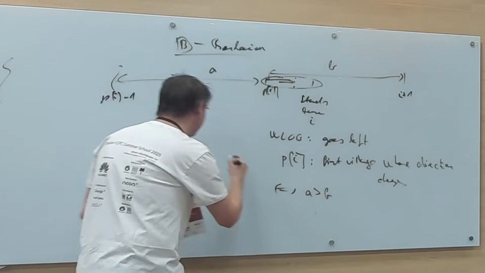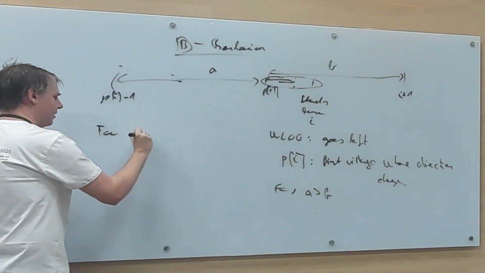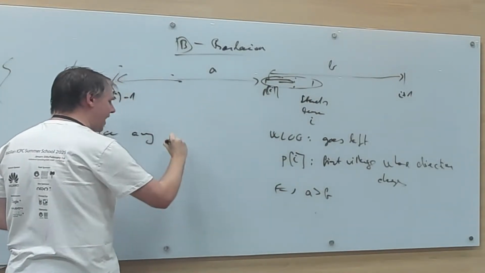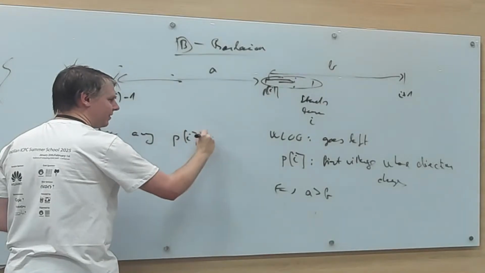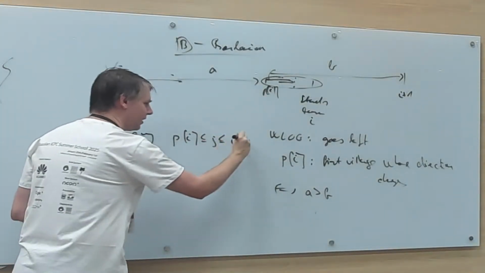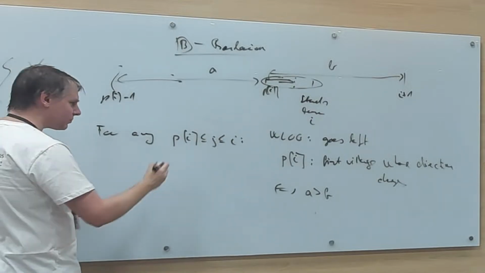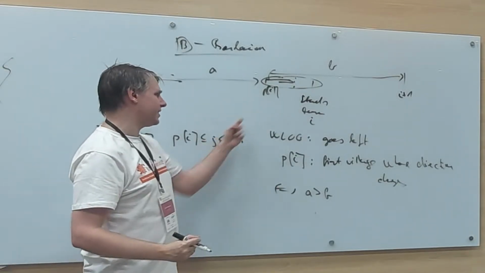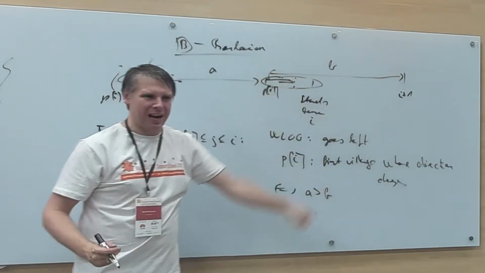Okay, so it means that for any village J between PI and I, at some point it reaches either I or PI and goes to I+1.